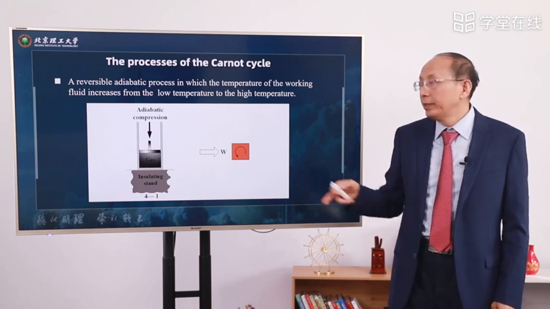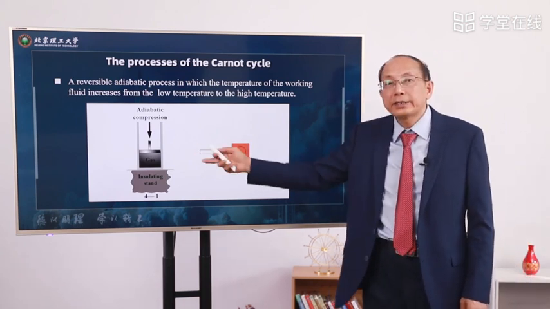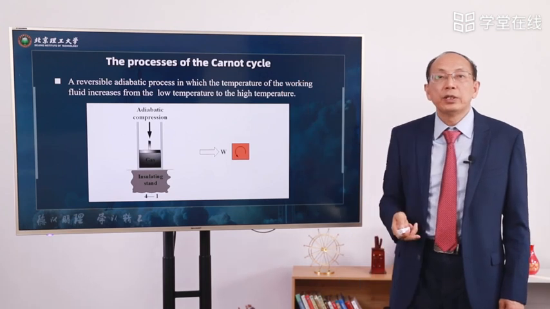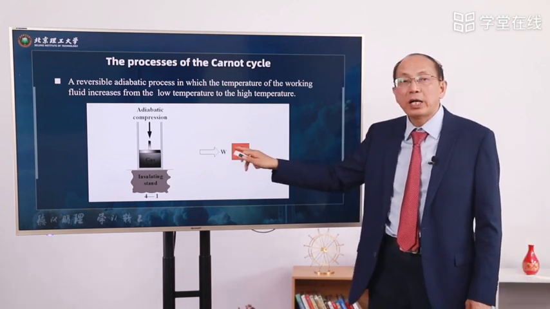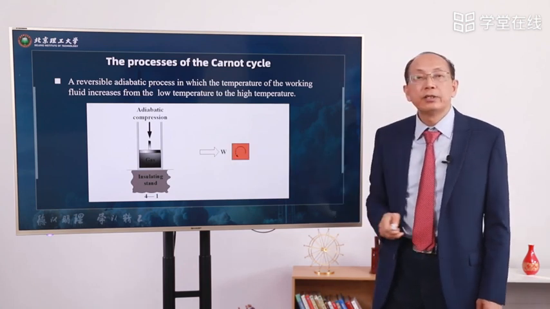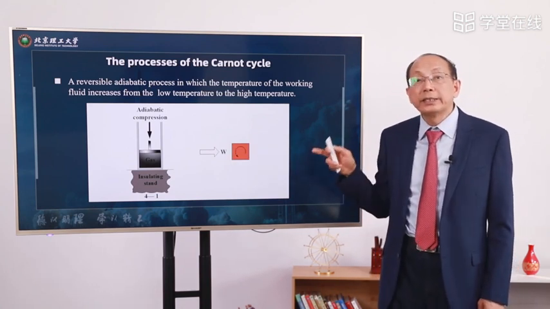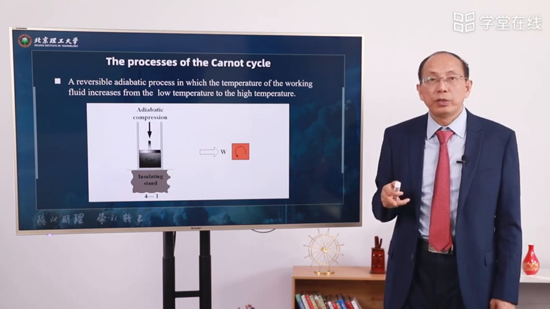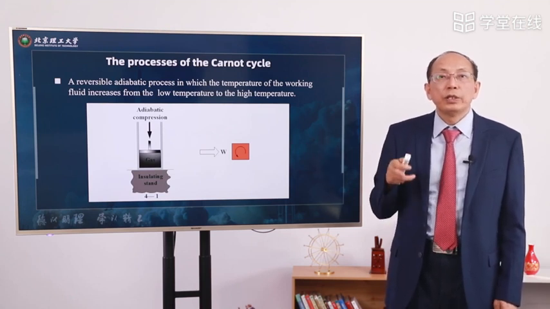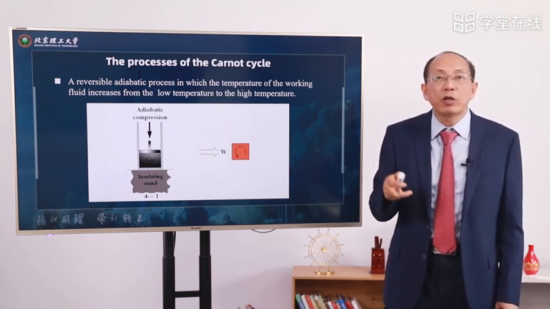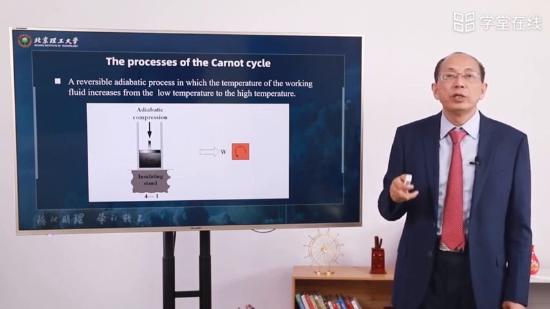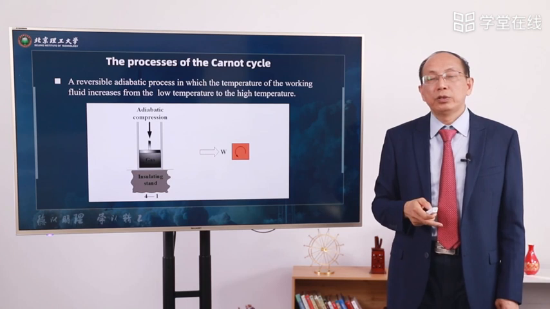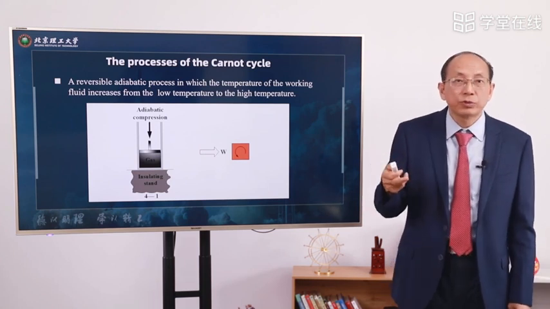In this case, the temperature in the piston increases, so it needs some work from the outside. This process is still reversible. In this process, the temperature of the working fluid increases from the low temperature to the high temperature. So we come back to state 1.